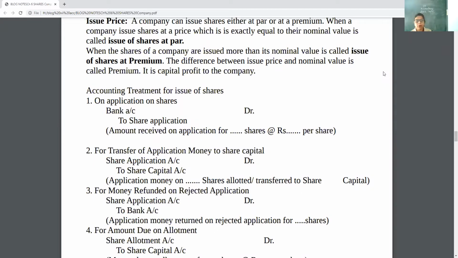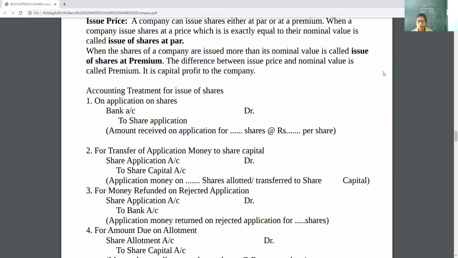See, in the general entry, you can write equity share application. Earlier, the company could issue 2 types of shares, preference shares and equity shares. But now, the company can issue only equity shares. So the first general entry will be bank account debit to share application account.